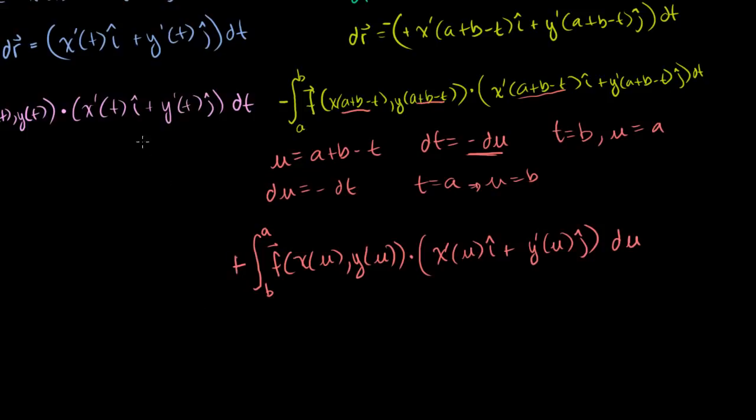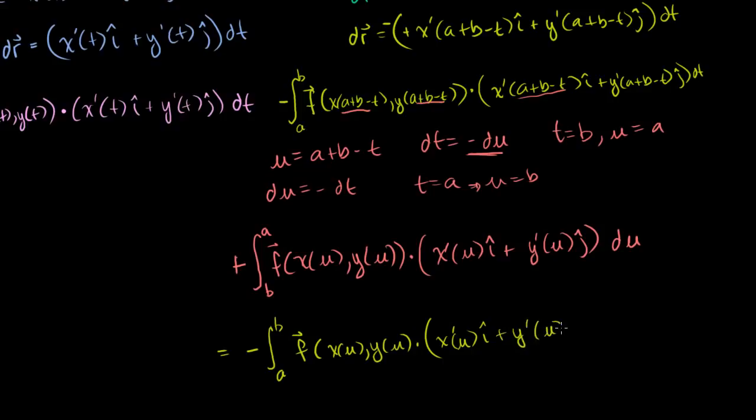And so you might say, hey, Sal, these two things look pretty similar to each other. They don't look like the negative of each other. And I would say, well, you're almost right, except this guy's limits of integration are reversed from this guy. So this thing right here, if we reverse the limits of integration, we have to then make it negative. So this is equal to minus the integral from a to b of the vector f of x of u, y of u, dot x prime of u i, plus y prime of u j, du.